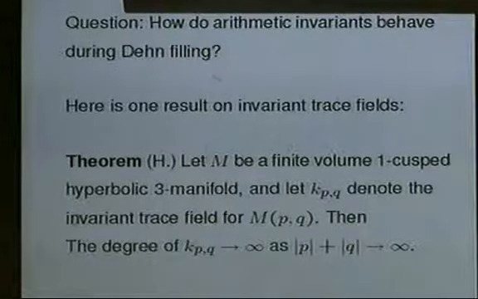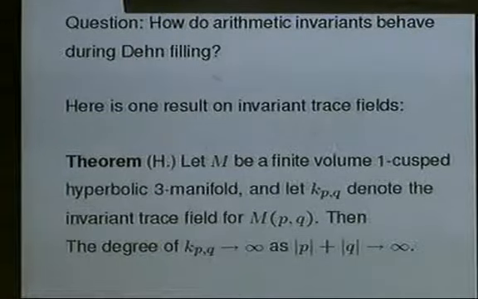Basically, the idea for the proof is to look at the core geodesic in these hyperbolic manifolds and look at the eigenvalue of that. We then show that the eigenvalue for this core geodesic satisfies some minimal polynomial, and we can show that the degree of that minimal polynomial goes to infinity.